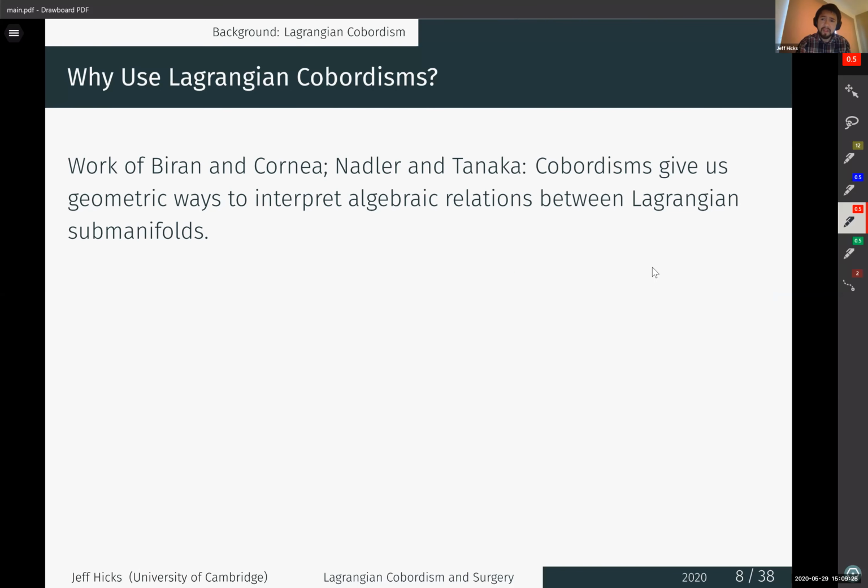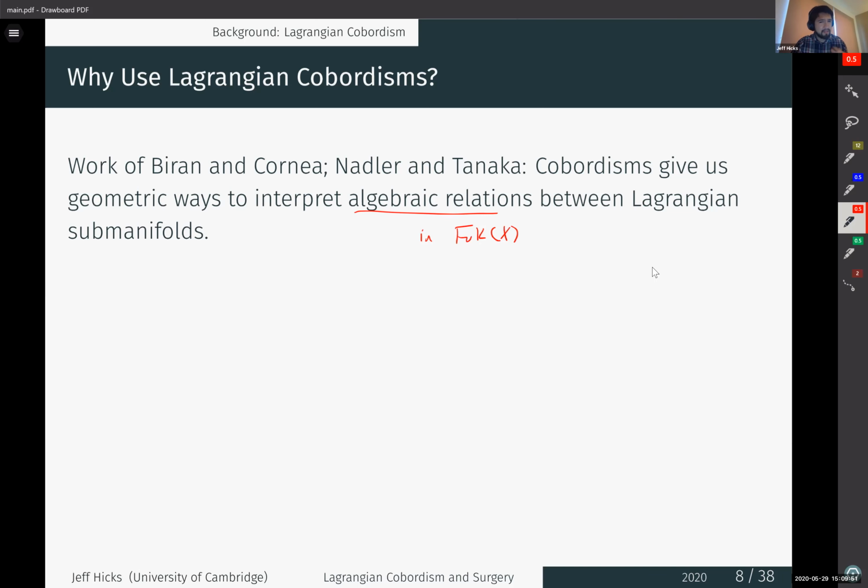Well, there's some existing work of Biran and Cornea, and also some other work of Nadler and Tanaka, which say that Lagrangian cobordism gives us a really geometric intuition for understanding algebraic relations between Lagrangian submanifolds. And here I mean algebraic relations in the Fukaya category of X.